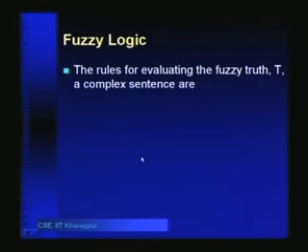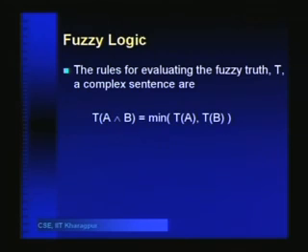Then the rules for evaluating the fuzzy truth of a complex sentence are as follows. When we have two events A and B, then the truth of A and B is the minimum of the truth of A and the truth of B, right.